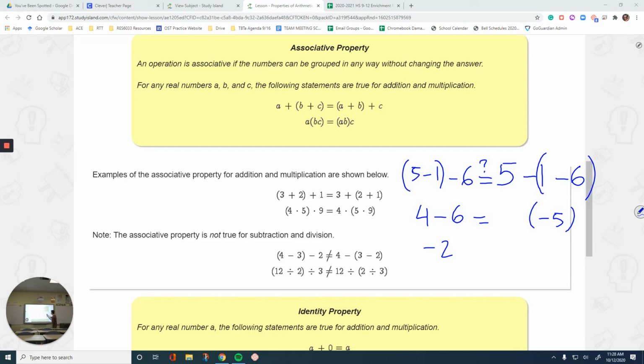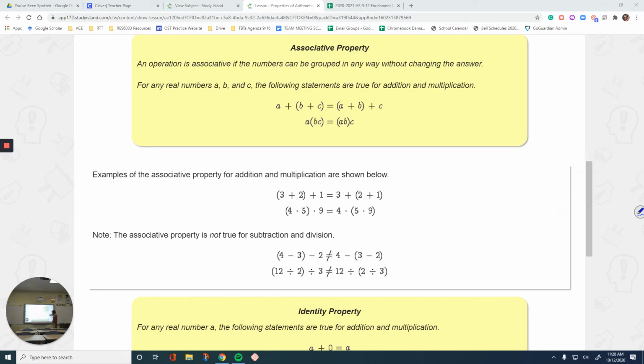And then to the left of it, I have a negative sign and another 5. What's 5 minus negative 5? That's 10. And as you see, negative 2 is not the same as 10. As long as you can come up with one single example, one example destroys the whole thing. So we cannot claim, what property was this? Associative property for subtraction. And same thing for division.